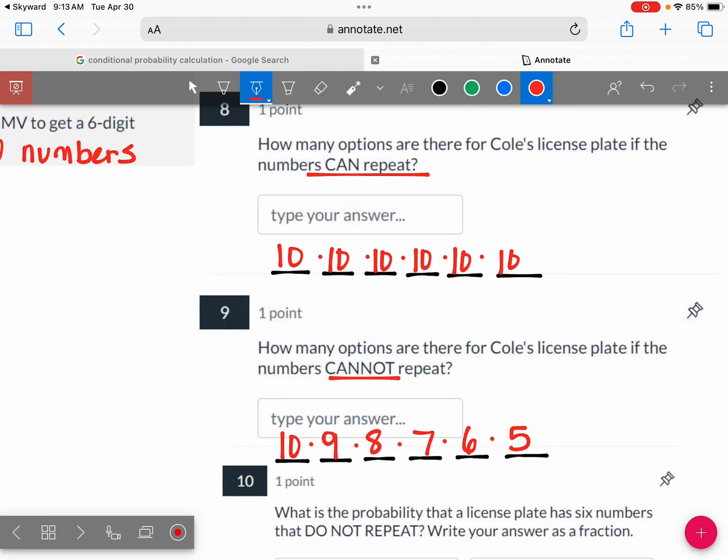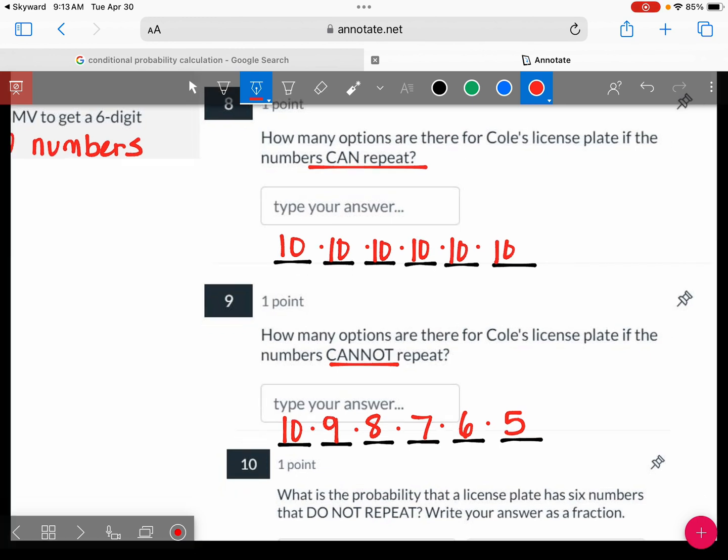And that's the answer you're going to type in Canvas for question number 9. So everybody got their answers for 8 and 9? Raise your hand if you got your answers for 8 and 9.